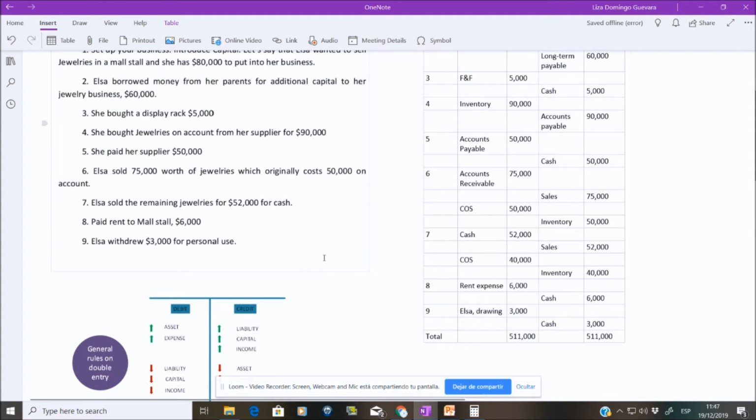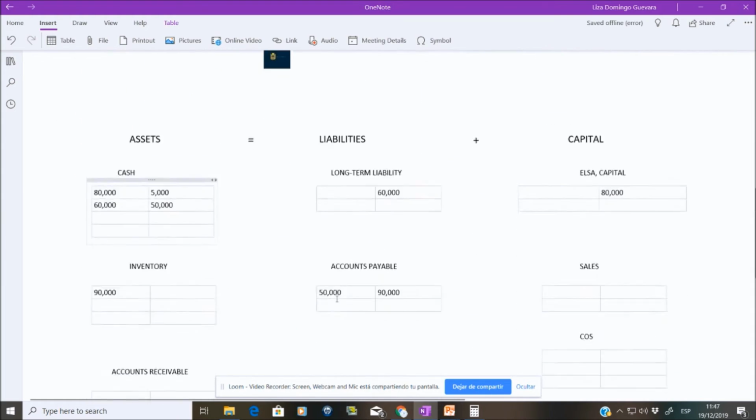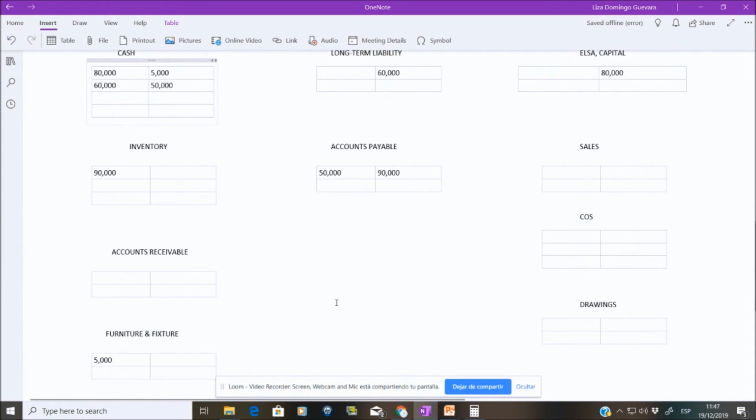Next, we sold 75,000 on account. So we'll debit accounts receivable of 75 and credit sales of 75. We also debit cost of sales of 50,000 and credit inventory of 50,000.